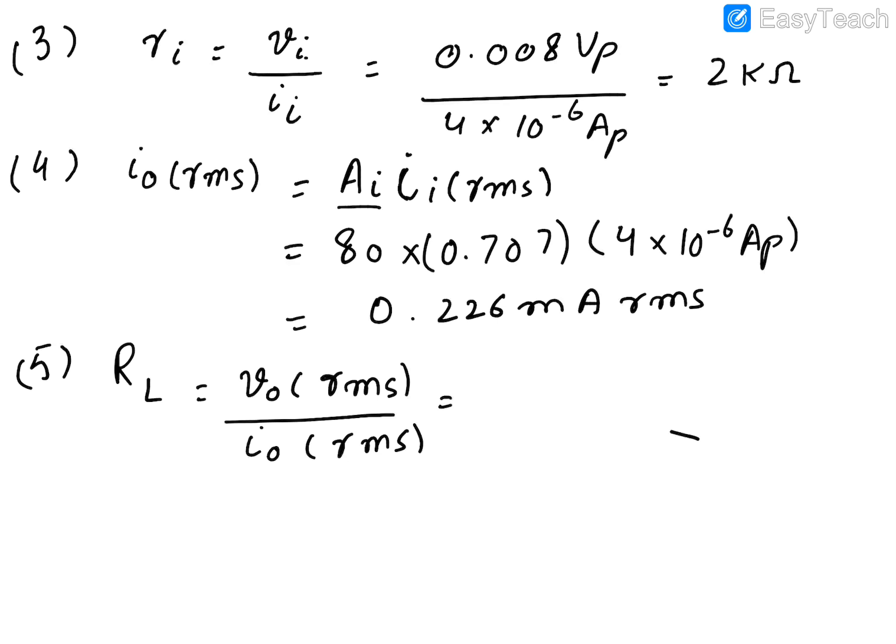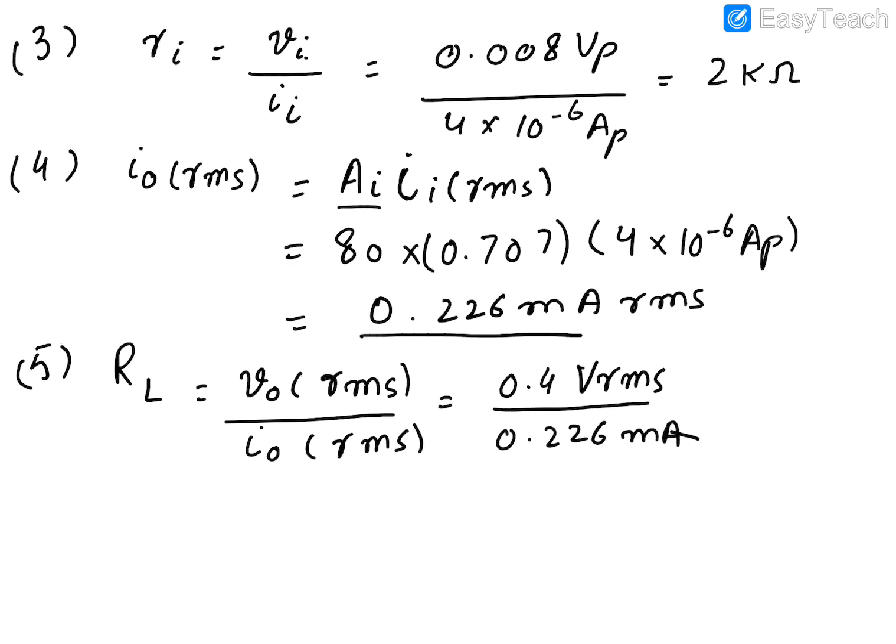As we have found I naught RMS, we will use RMS values. So V naught RMS is simply given, which is 0.4 V RMS, divided by I naught RMS, which is 0.226 milliamperes. And this will be equal to 1.77 kilo ohms.